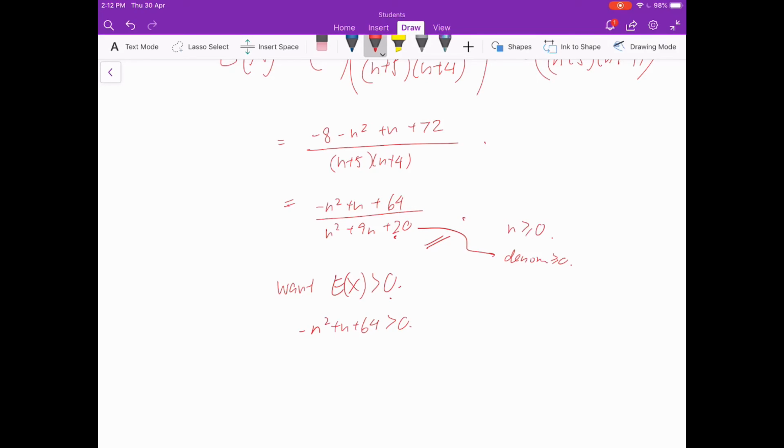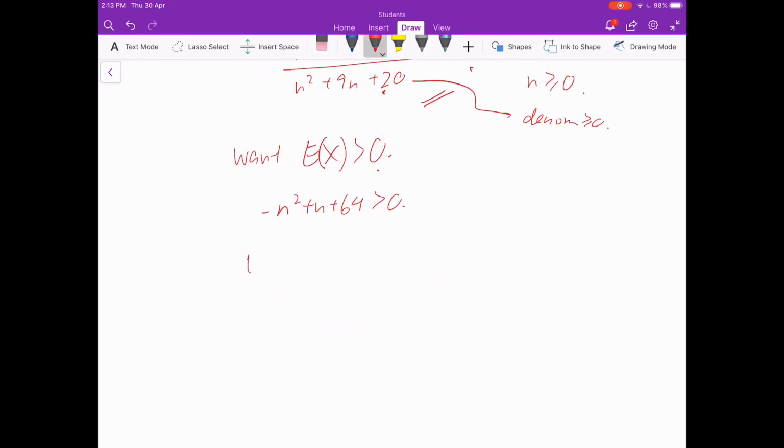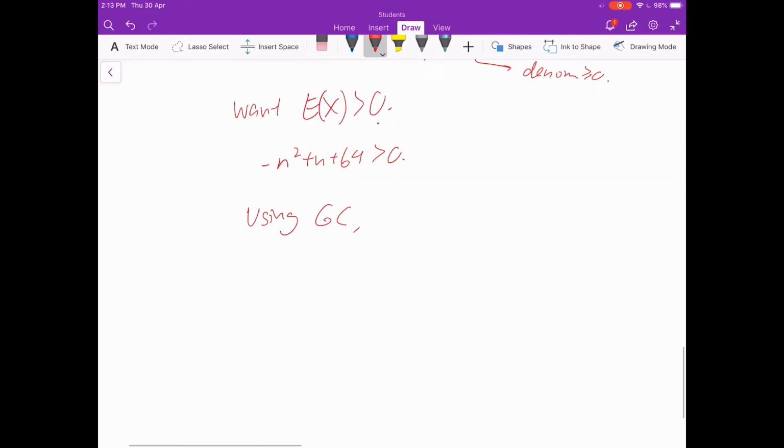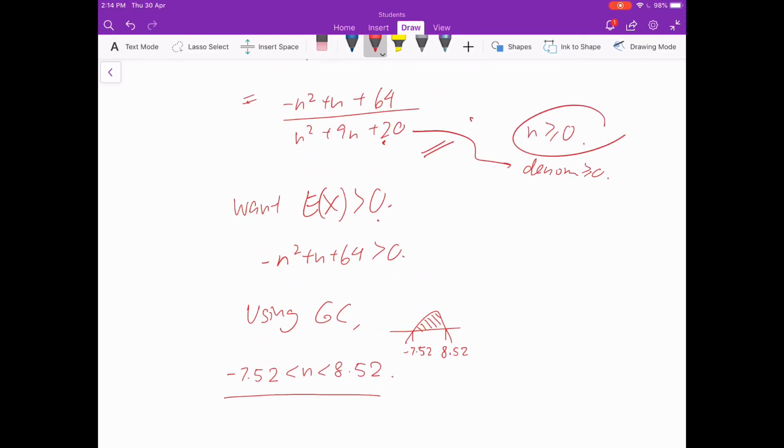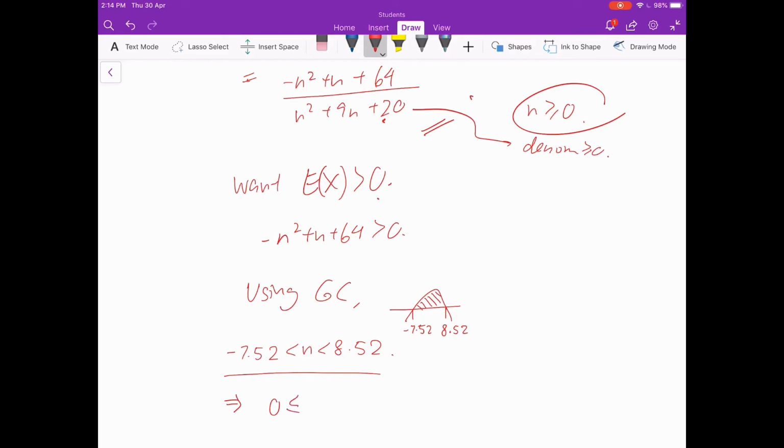And from here we can go and solve. Okay, so this is the range that holds, but of course remember that I said that n must be greater or equals to 0, so if we merge them together, you should get this.